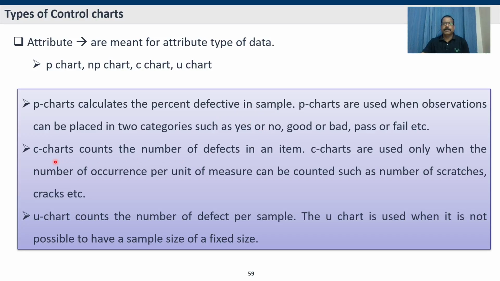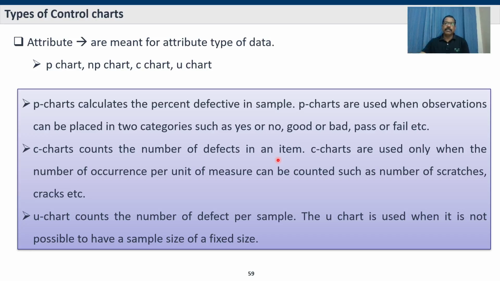C chart, maybe NP chart also comes under that, depends on the number of samples and what kind of sample you are taking, whether samples are constant or random. Then the C chart counts the number of defects. Here percent, here counts. So remember, guys, P chart is discussing the percentage of defective, but the C chart counts the number of defects in an item.